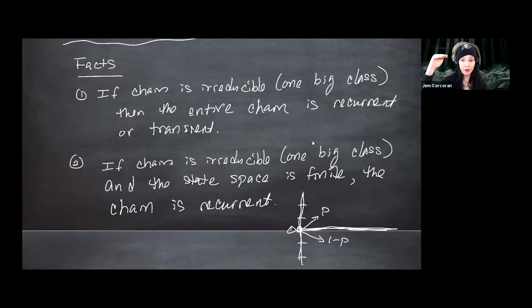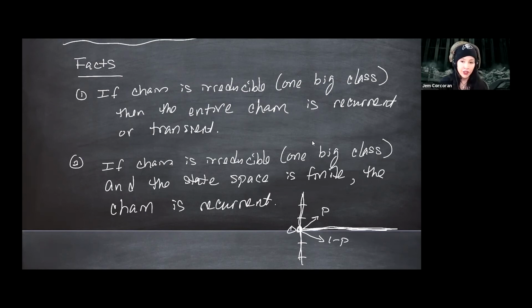And if p is less than 1/2, it's going to drift off to negative infinity, meaning starting at a state, there is a positive probability of not returning. So that's an example of an irreducible chain that could be transient. But if it's irreducible with a finite state space, there is no escape, and it's always recurrent.